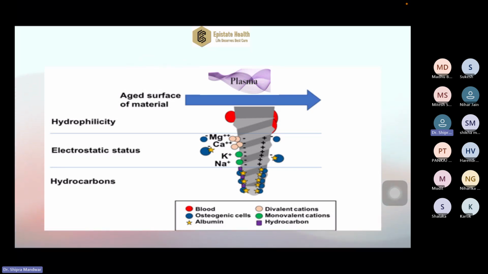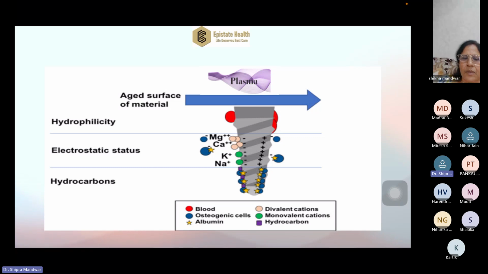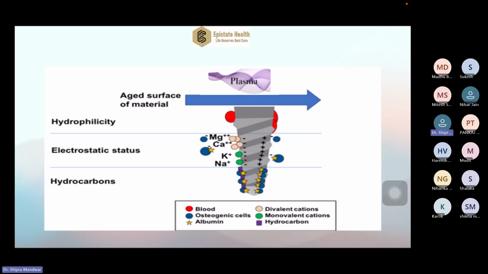So what does aging mean? Aging means that there's a hydrocarbon layer which gets deposited over the surface, which prevents the direct contact of blood and blood components with these implants, and it is necessary to remove this hydrocarbon layer so that we can achieve something that will accelerate the osseointegration.